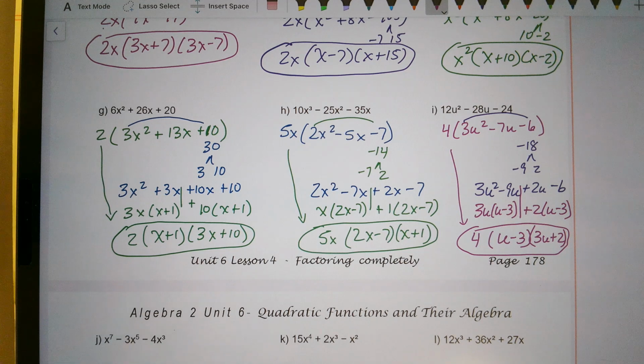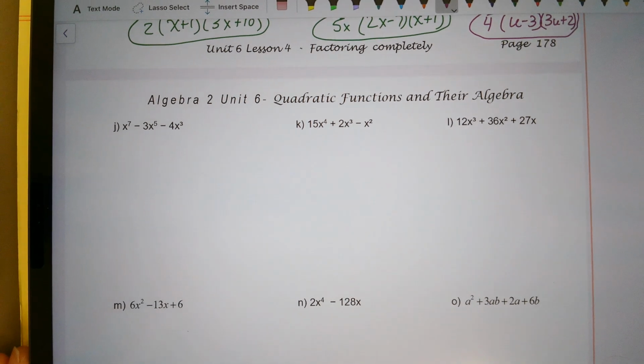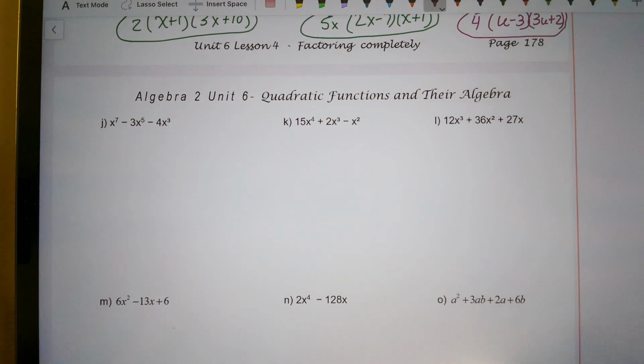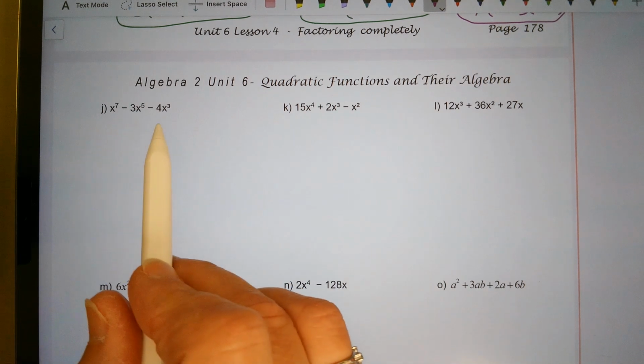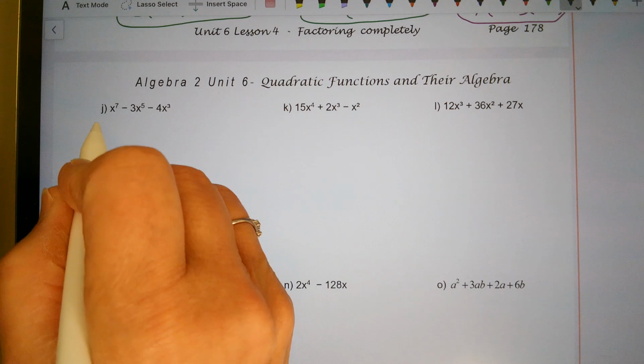Again, you're more than welcome to pause the video and work on your own if you like. But continuing on to the next page, here we have 3 terms, the GCF being x to the third.